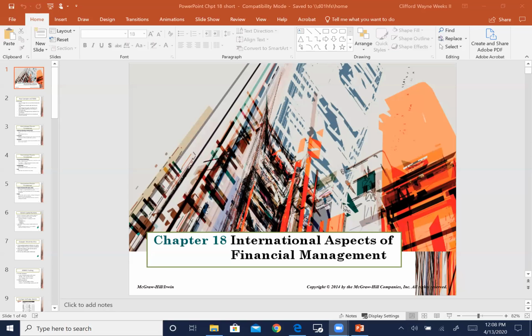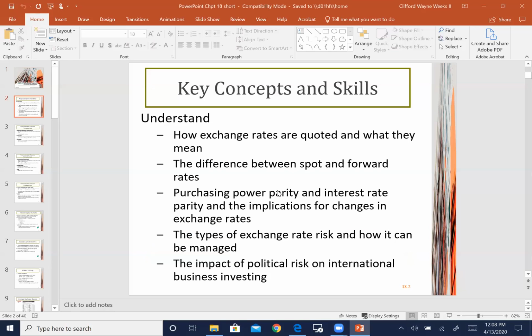So the first part of this chapter really deals mostly with some definitional information, and then we're going to look into how exchange rates are quoted and what they mean, the difference between the spot and the forward rates, purchase power parity and interest rate parity, and the implications for changes in interest rates, and then the types of exchange rate risk and how it can be managed, and the impact of political risk on international business.